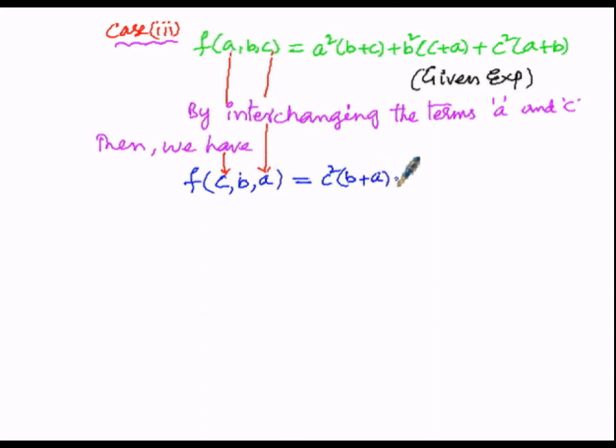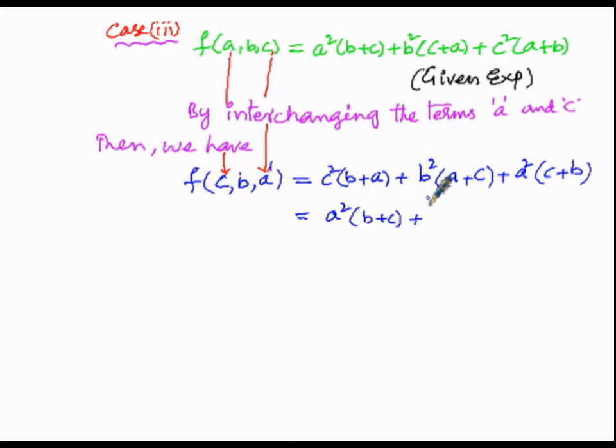Then plus b square, where b remains as it is, that is b square into c plus a, plus c square, where c is replaced by a, that is a square, into c plus b, and b is written as it is because there won't be any change in b. Now first of all I write a square multiplied with c plus b; instead of c plus b we can write b plus c.